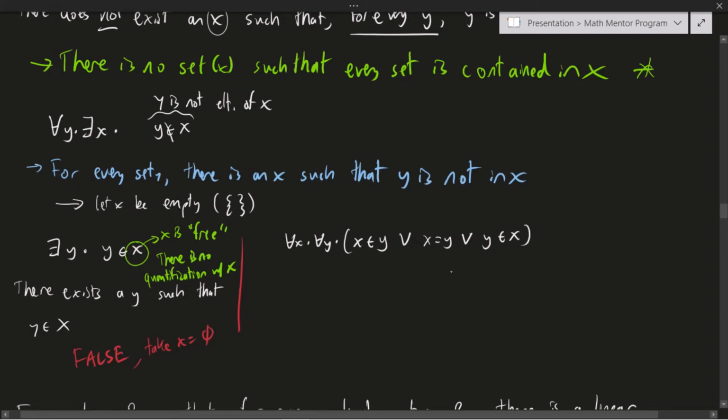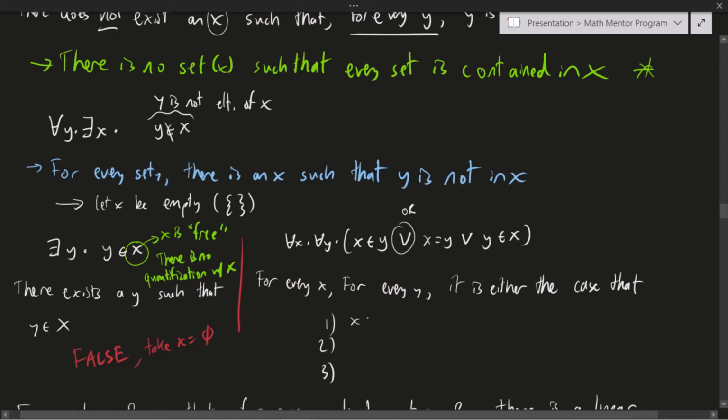Here's another one that is not true. For every x, for every y, it is either the case, and remember this symbol here means or, that x is in y, x is equal to y, or y is inside x.